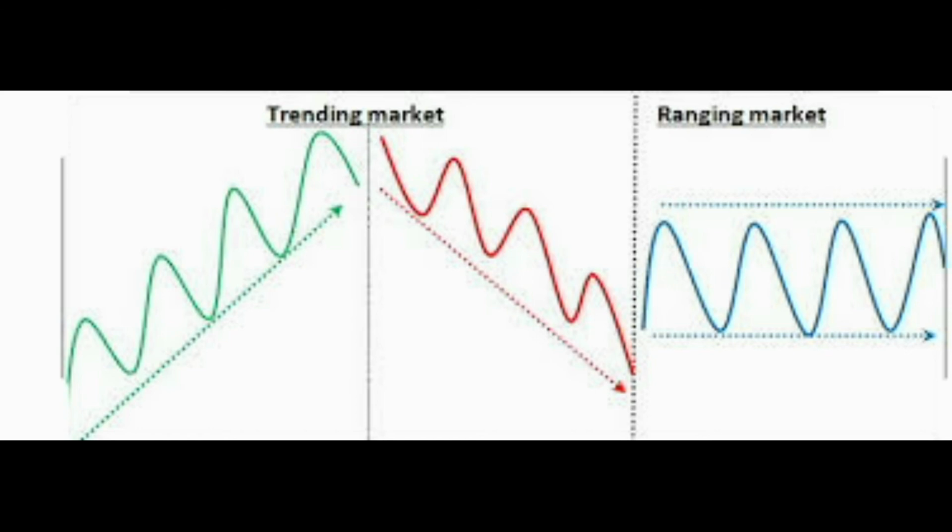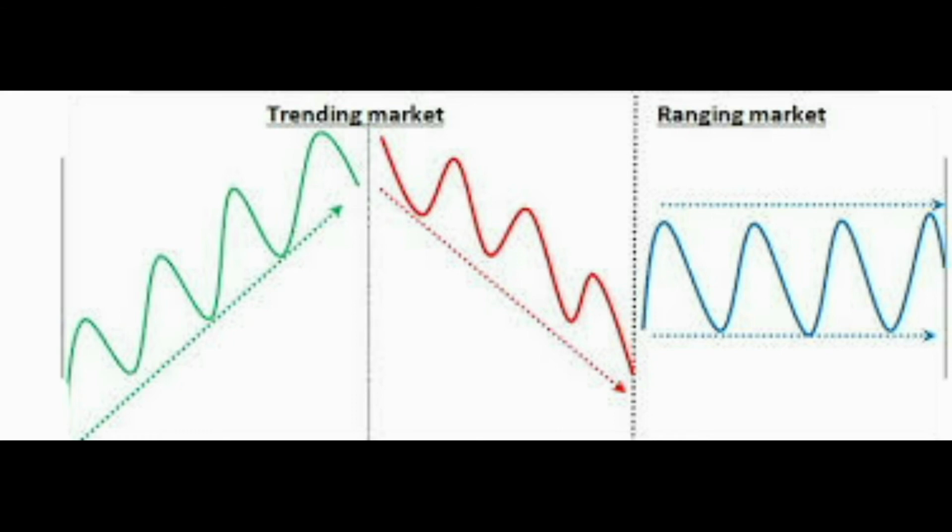However, you also have what we refer to as a market that is ranging. It's also referred to as consolidation or just a sideways market. The way that's created is typically when you have two currencies paired together and they're pretty much the same strength. There's not enough strength on one side over the other to create a trending market.